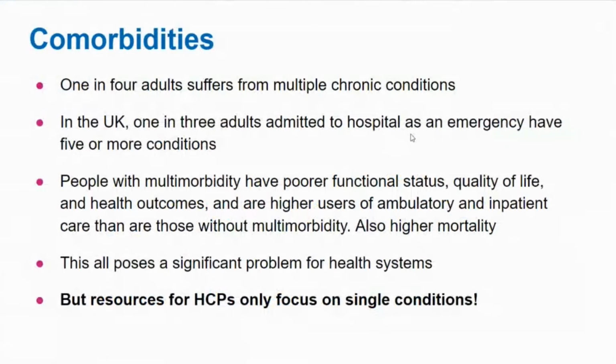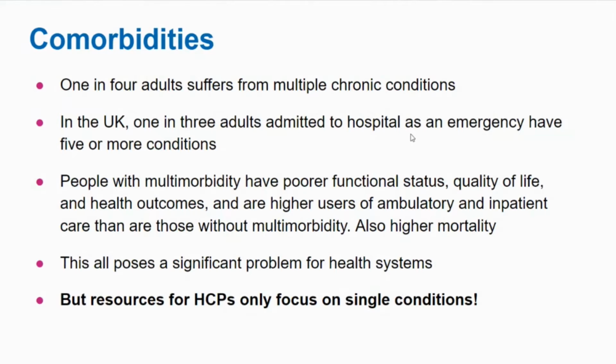And we have looked in detail at the problems with comorbidities. 1 in 4 adults in the UK suffers from multiple chronic conditions. Remarkably, in the UK, 1 in 3 adults admitted to hospital as an emergency have 5 or more conditions.